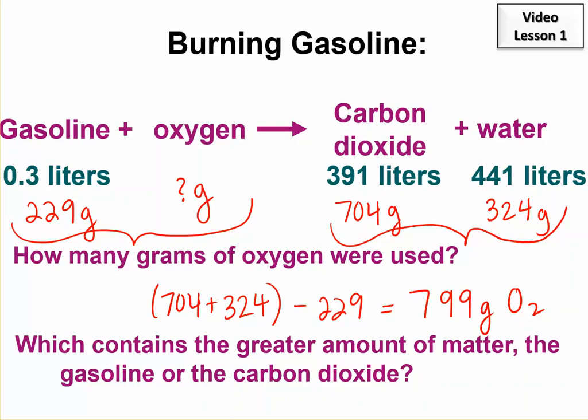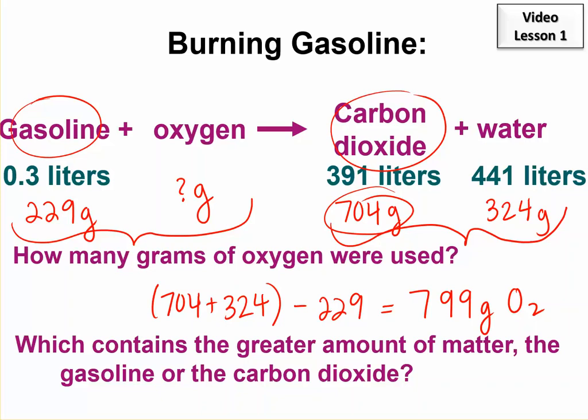Okay, so which contains the greater amount of matter, the gasoline or the carbon dioxide? So I'm comparing gasoline, carbon dioxide. Which one has the most matter? When I want to measure matter, the quantity of matter, I look only at mass. It doesn't matter how many liters. What matters is mass.